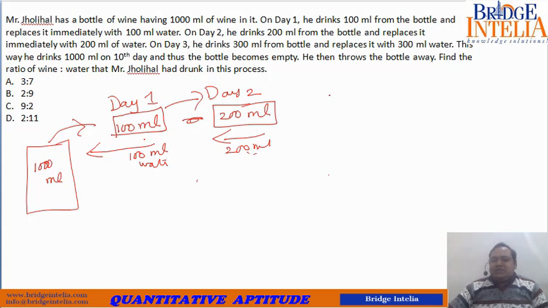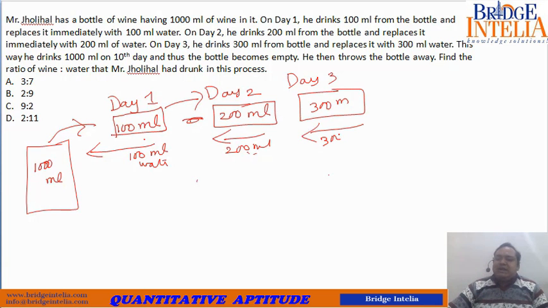So this way on day 3, he will take out 300 milliliters, drink it and replace it with 300 milliliters of pure water. So wine is slowly and gradually decreasing. Wine is getting drunk and wine is not replaced.